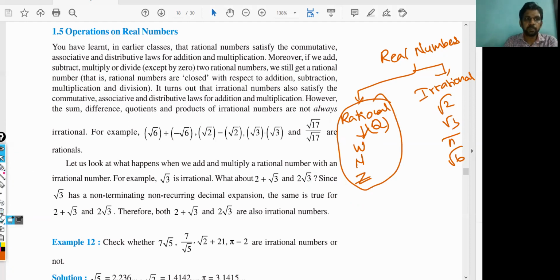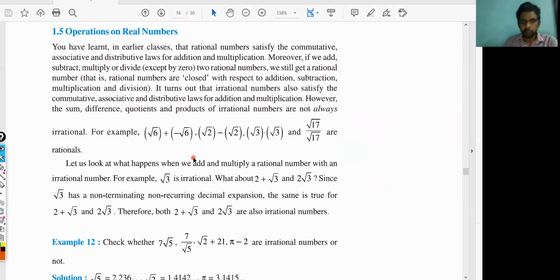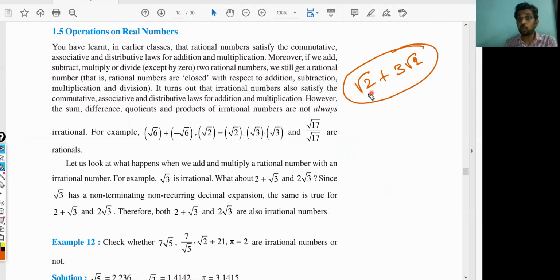Now, operations between any two rational numbers or any two irrational numbers. For example, if I have root 2 plus 3 times root 2, right? In addition and subtraction of irrational numbers, you have to consider these irrational numbers as variables.